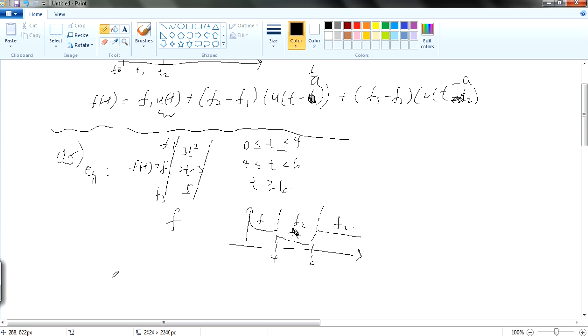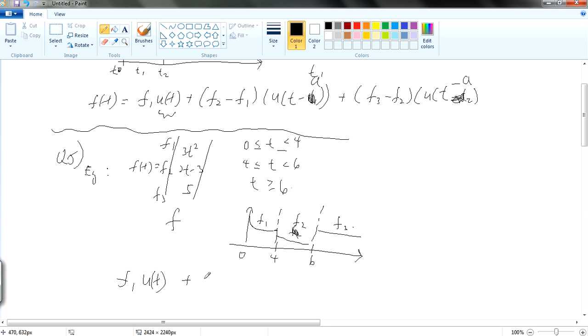If you want to find this portion, first this is just f1 u(t), at time 0. There are three numbers, 0, 4 and 6, so you just substitute, and you know which is which already.